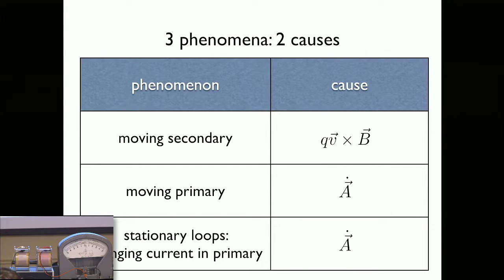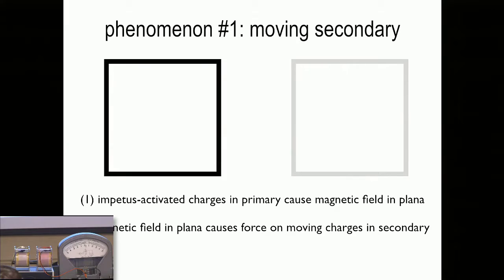So these are really two different causes, and also different from an electric field. So I have really three: an electric field can cause current in a wire, but also now two different magnetic causes.